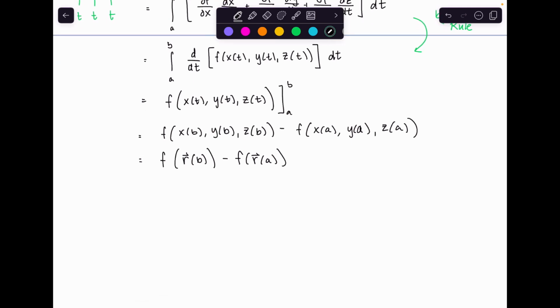So for our last example, we're going to let the vector field be the one we know is conservative. So we're going to let f be y plus 1, x, which we've shown is conservative.